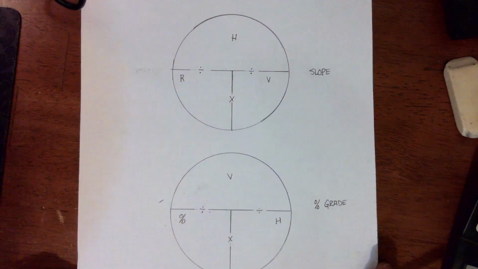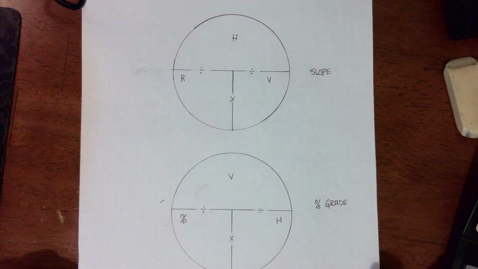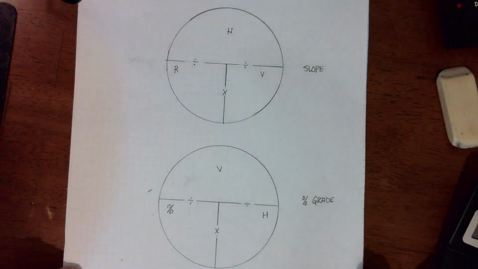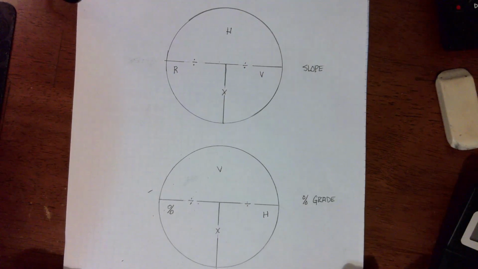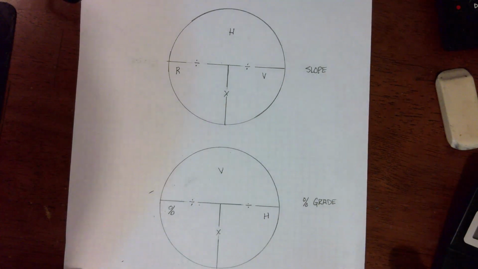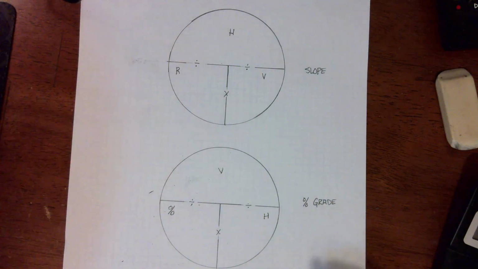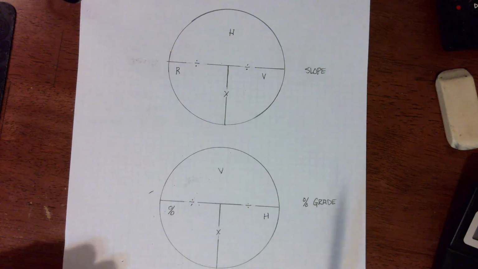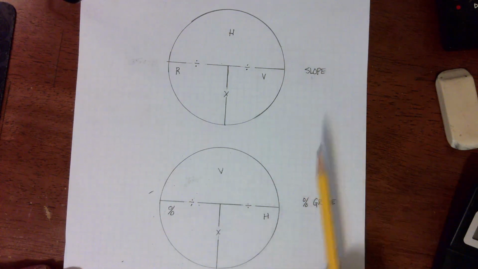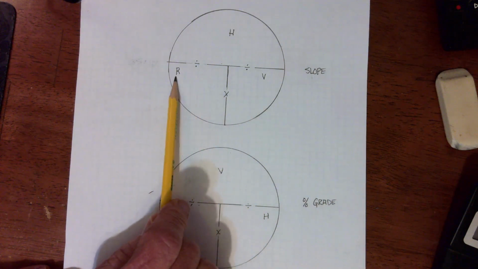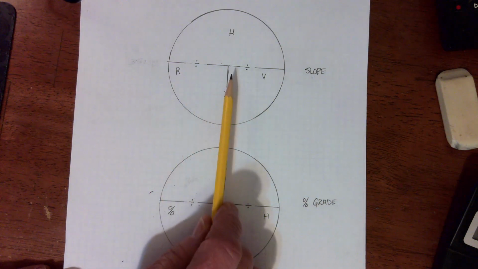So I'm looking at this. There's two circles I've got drawn here, and they represent the two things I just talked about. The slope ratio, which is laid out right here, and as you can see, the arrangement of these are a little bit different.